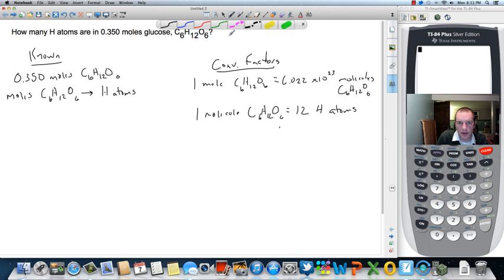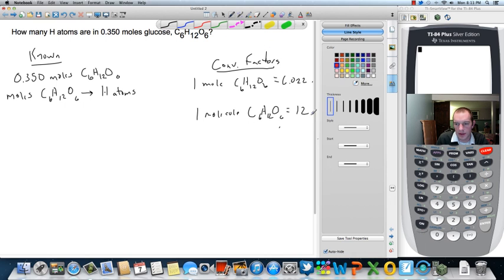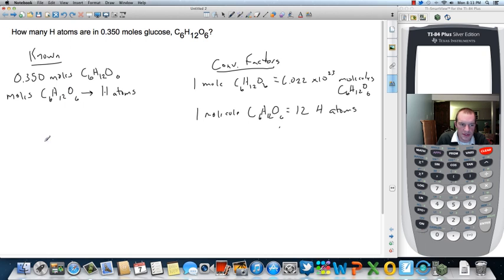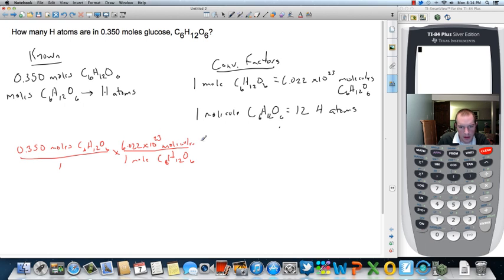So you can kind of see the setup already. I'm going to change colors here so that we can all be on the same page. What we can see now is if we start with our 0.350 moles of C6H12O6 and put that over 1, we can now convert using Avogadro's number, which shows us that for every 1 mole of C6H12O6, we're going to have 6.022 times 10 to the 23rd molecules of C6H12O6.